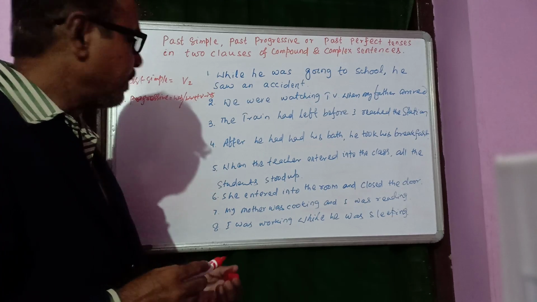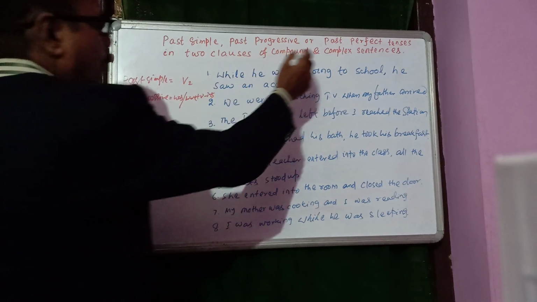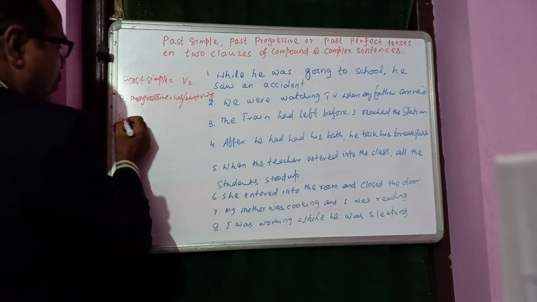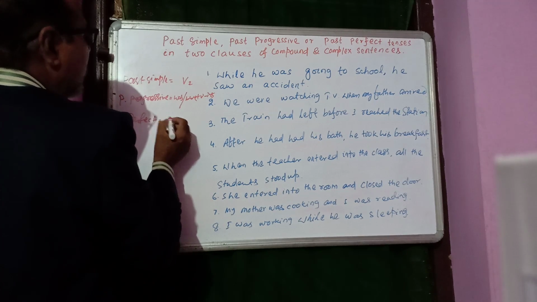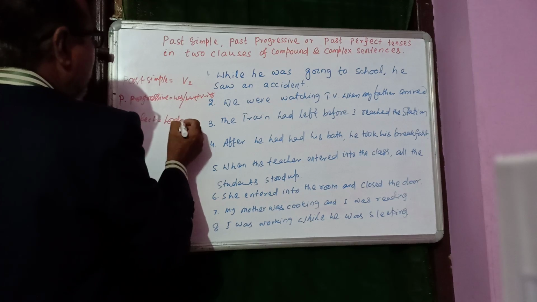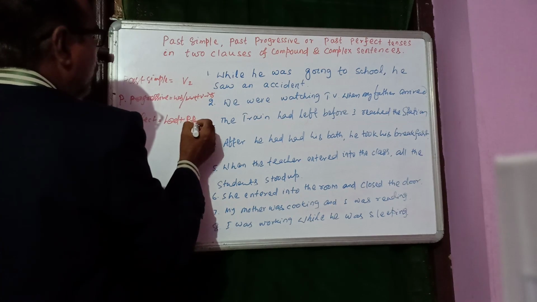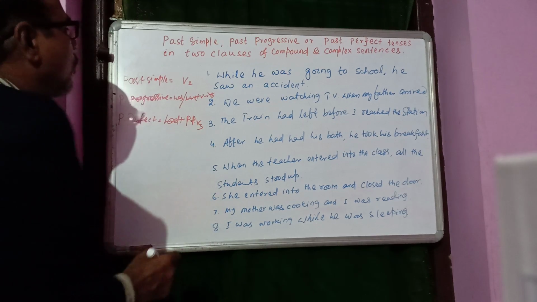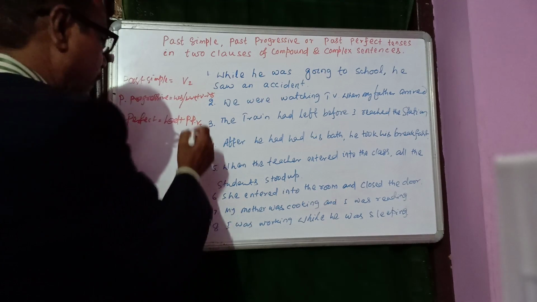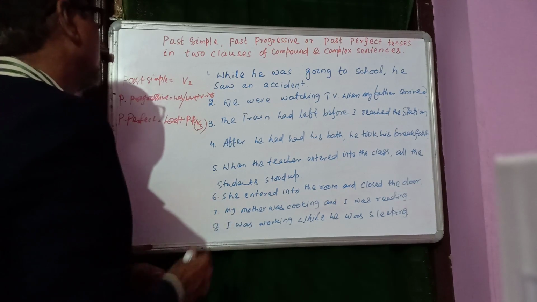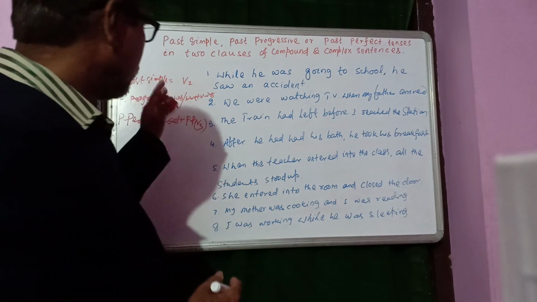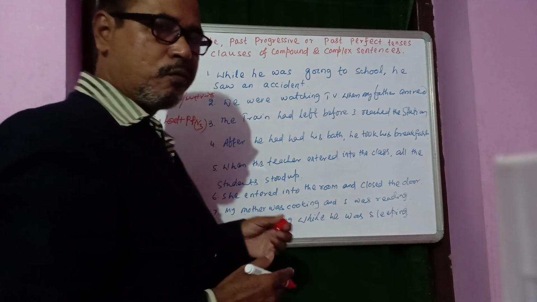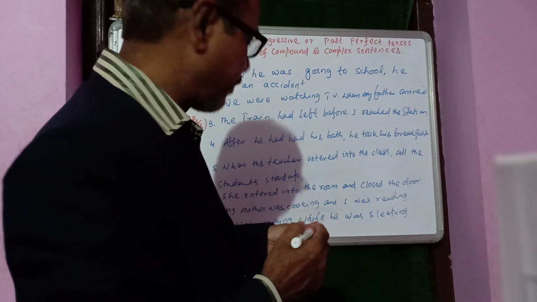Okay? Now see, past perfect: had, plus PP or V3, the third form of the verb. These are the forms of the past tense.